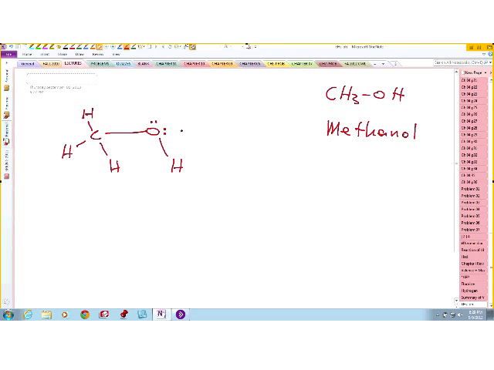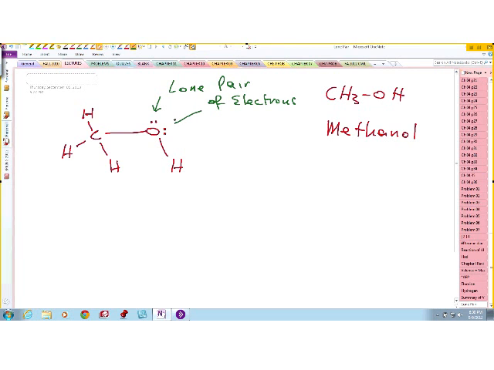Now, supposing I ask you, what is the hybridization of this oxygen? I'll tell you right now, the hybridization is sp3. This is an sp3 oxygen. Why do we say that? This non-bonding electron pair we have here, we refer to as a lone pair of electrons.